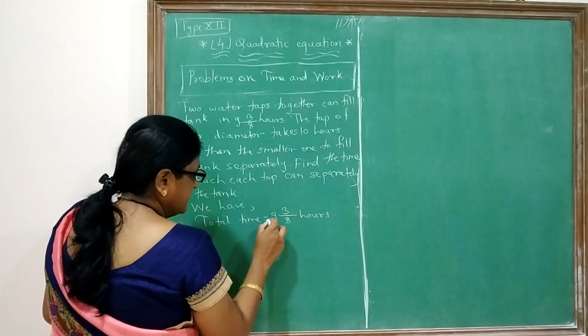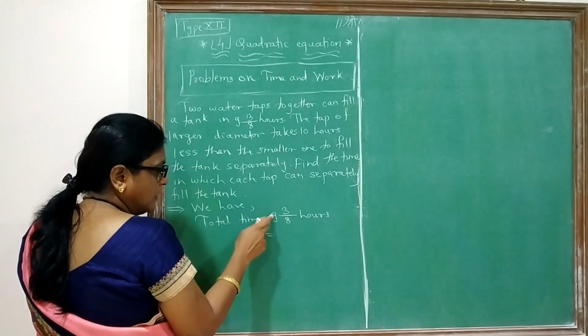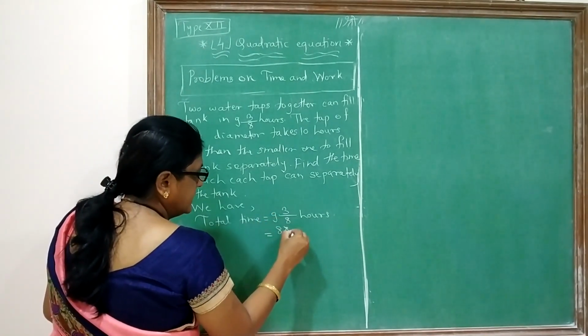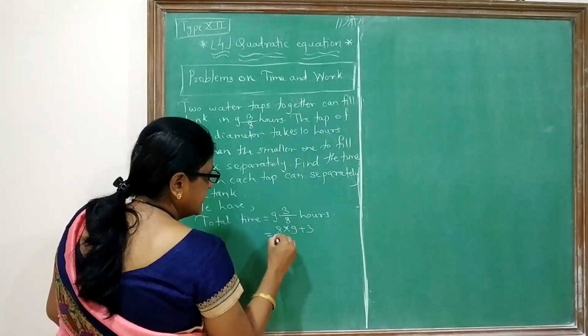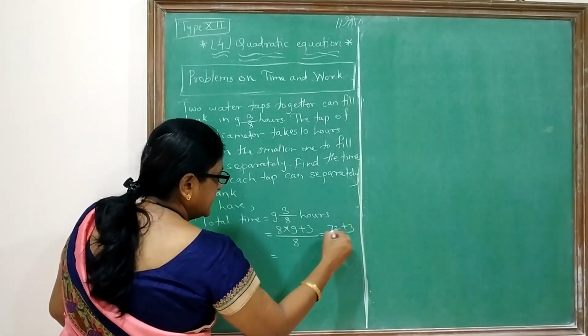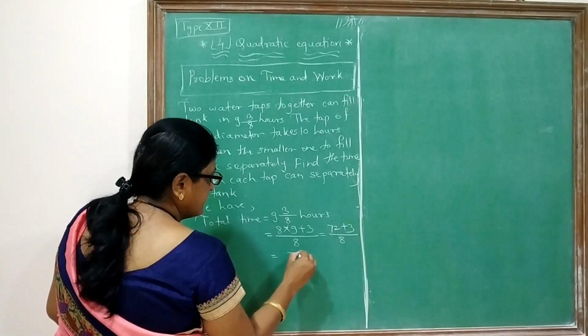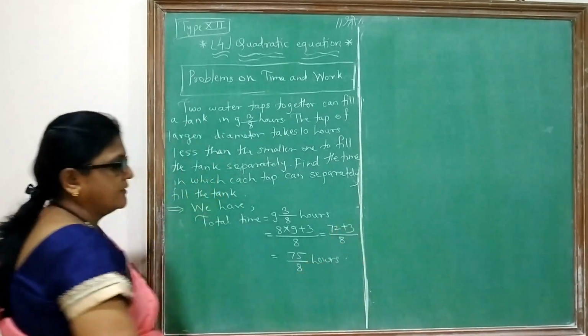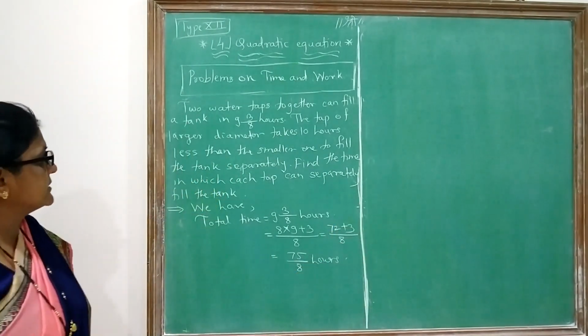Then 8 multiplied by 9 is 72 and 72 plus 3 is 8 multiplied by 9 plus 3 divided by 8. Then you will get 75 by 8 hours.